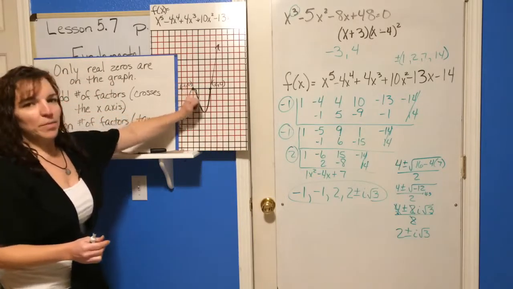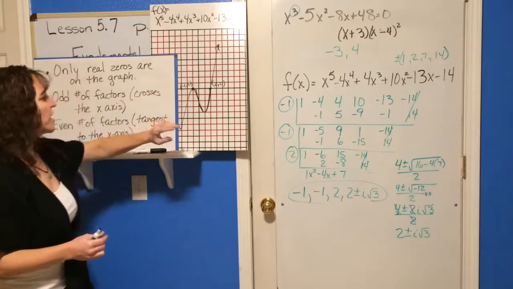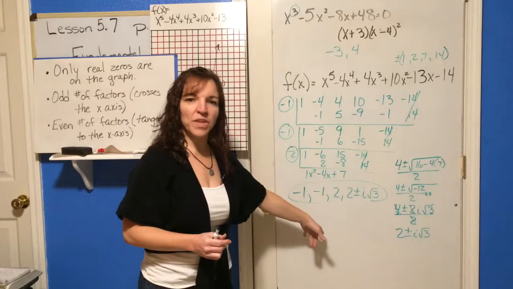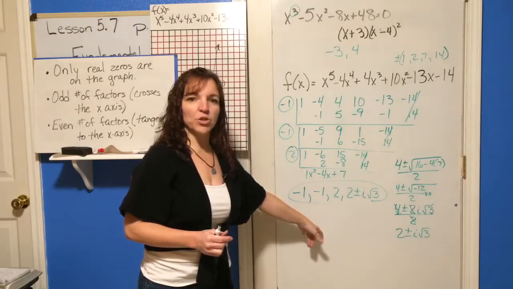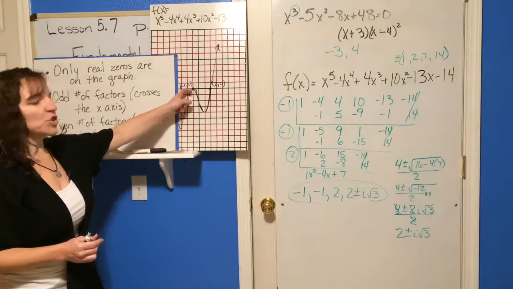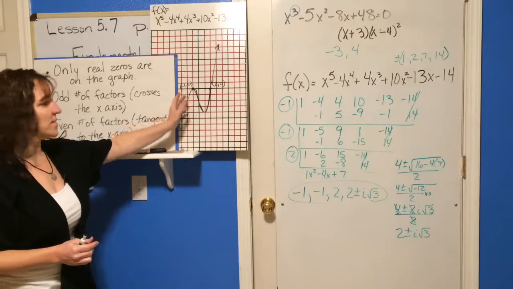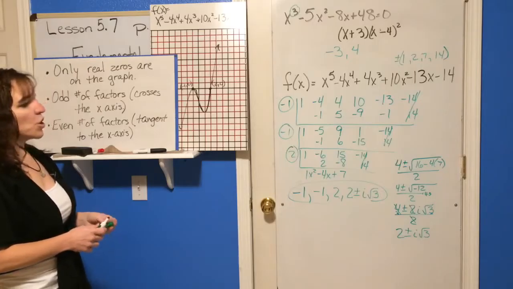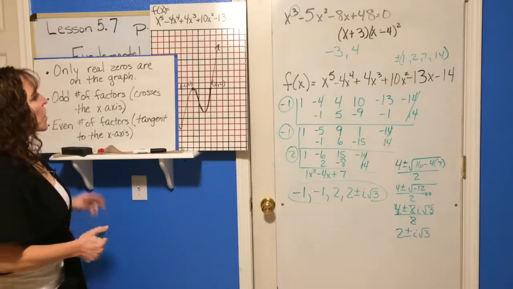It touches it, but it doesn't cross. All right? So if you've got an even number of factors, so if you've got a squared term somewhere in your solutions, then at that point in your graph, it's going to just be tangent to your x-axis. That's going to be a turning point, either a minimum or a maximum. All right? Those are the important things.